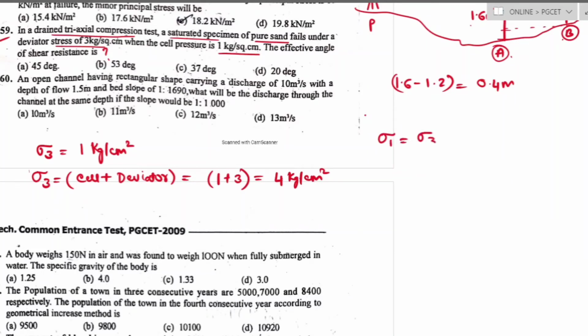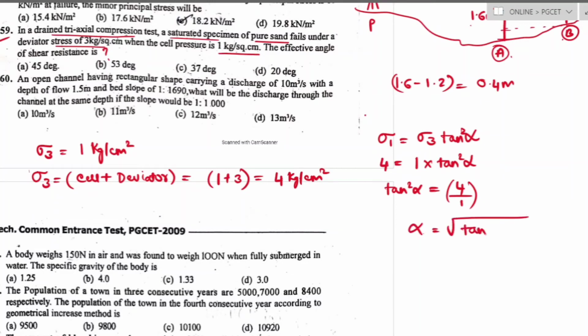We know that major principal stress is equal to sigma 3 tan square alpha, that is 4 is equal to 1 into tan square alpha. Tan square alpha is equal to 4 by 1, that is alpha is equal to tan inverse of square root of 4. So alpha is equal to 63.435 degree.